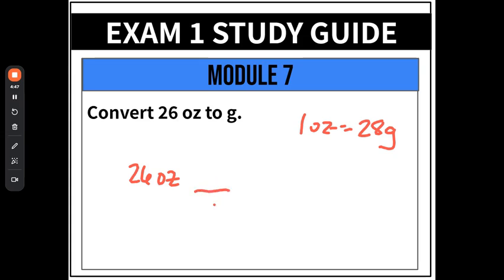So the ounces are going to go in the bottom. And we've got 28 grams. And the ounces get canceled, and we can just multiply 26 times 28, which gives us 728 grams.